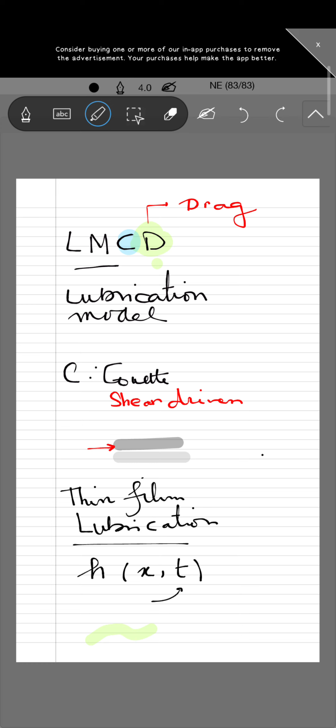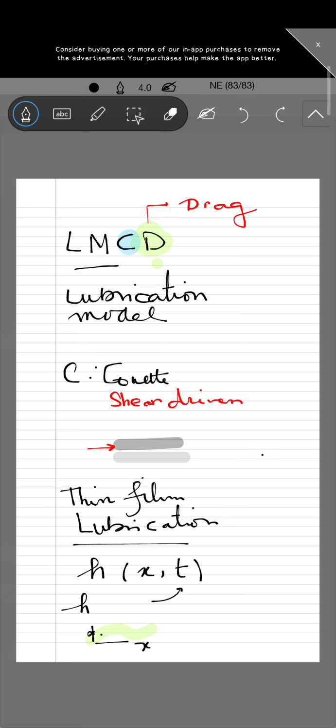So this is the height h, and apart from being a function of the distance x, it is also a function of time because the fluid will be traveling from one place to another with time.